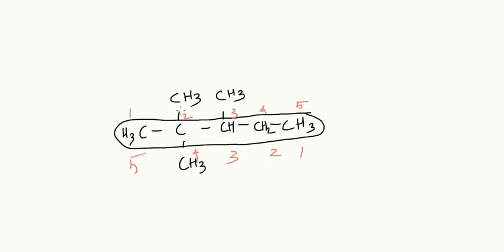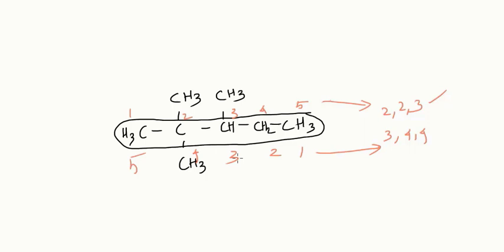Here, in this, the methyl groups which are outside are getting 2, 2, and 3 if we take this numbering system. And if we take this numbering system, the methyl groups would get 3, 4, and 4. So we select the one where we get the least possible numbers, and that is the numbering system that we would be selecting.